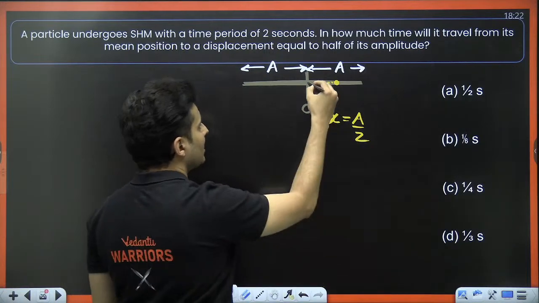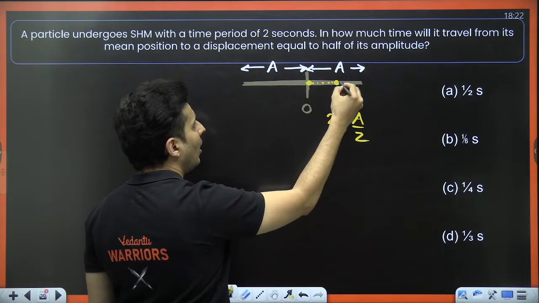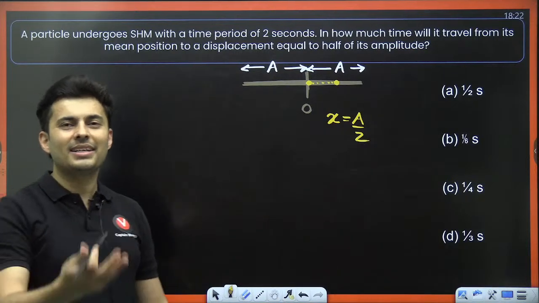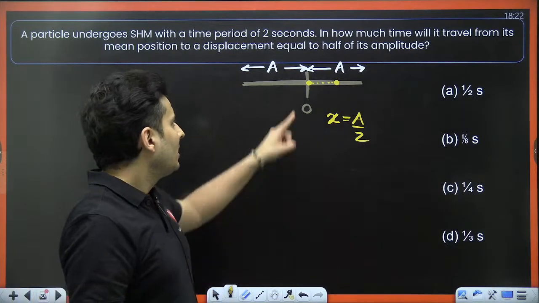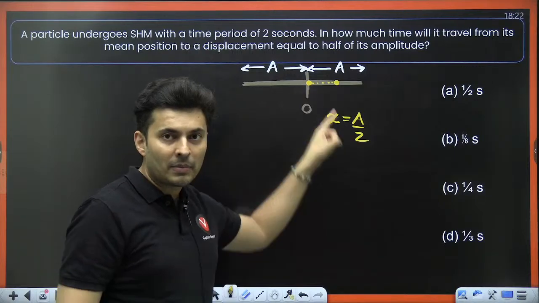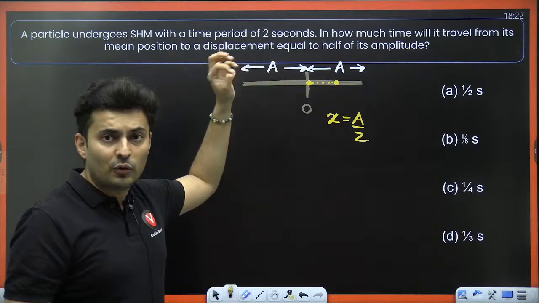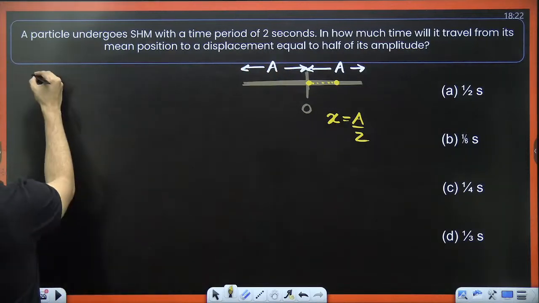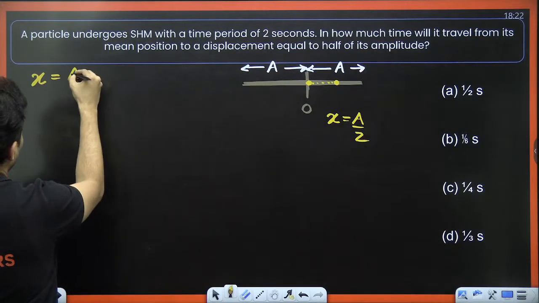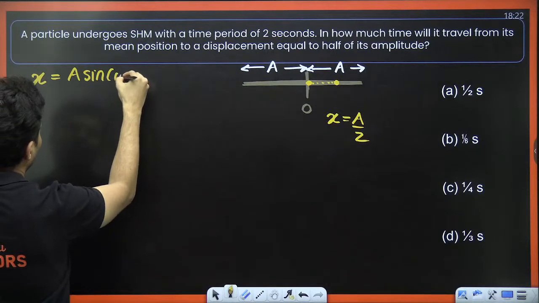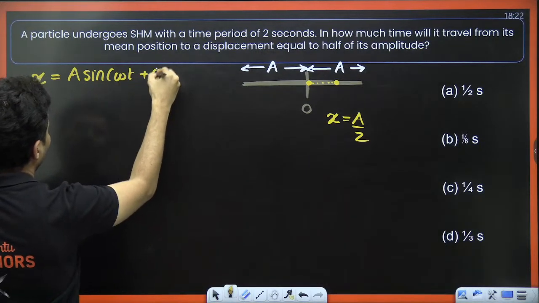So essentially it started from here, it went here. How much time did it take? That is what it is asking. If it starts from here and reaches here, to find the time, let's say we use this equation, x is equal to a sine omega t plus phi.